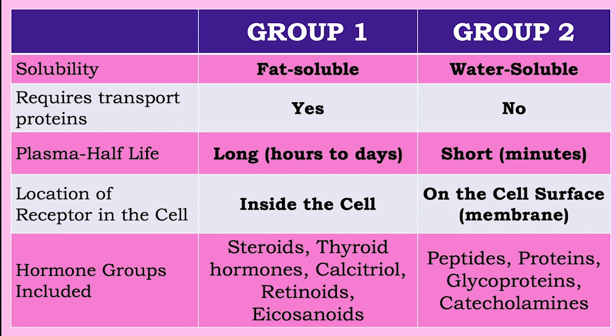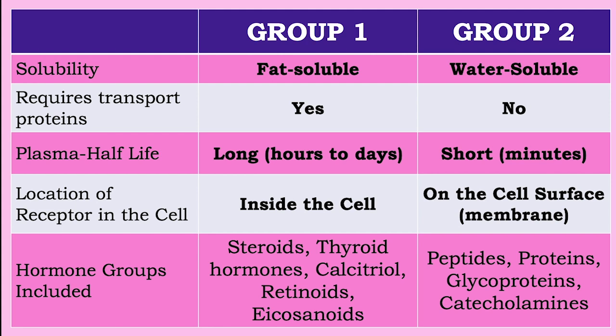So usually fat-soluble hormones of group 1 require transport proteins in the blood especially. Okay? While yung group 2 hormones do not require. Okay? And in terms of half-life in the plasma, that means how long they are going to be active, the fat-soluble hormones relatively have a longer half-life than group 2 hormones.